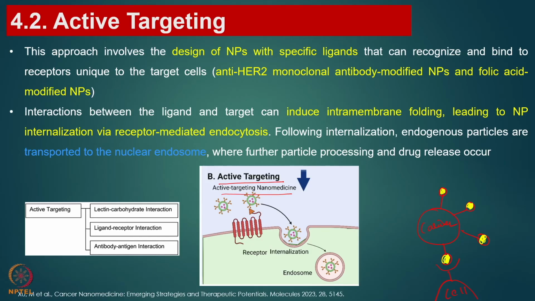Here we target the particular cells by modifying the surface of the carriers, either with antibodies or some other molecules. Folic acid is one example. We can modify the nanoparticles using folic acid. These preferably bind to the folic acid receptors which are overexpressed in cancer cells.